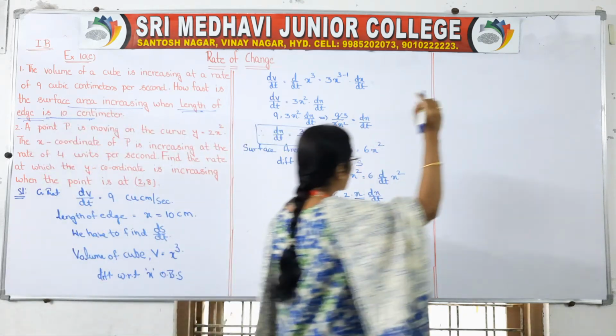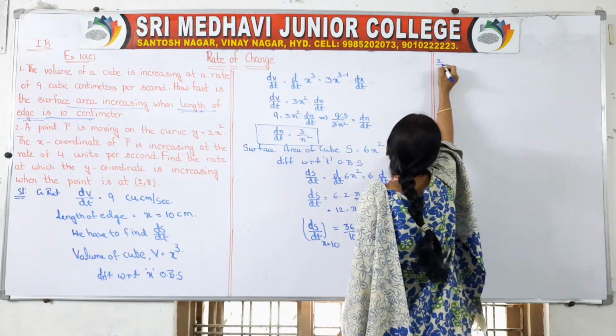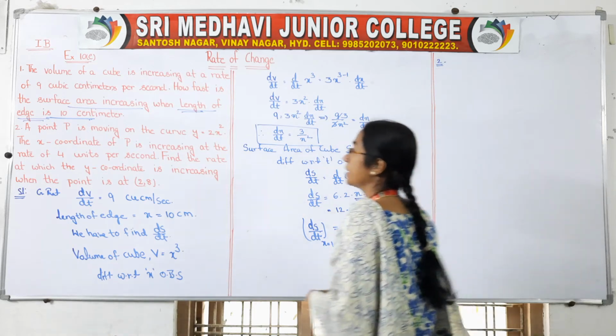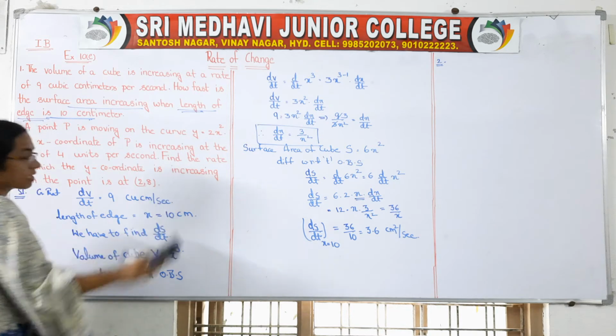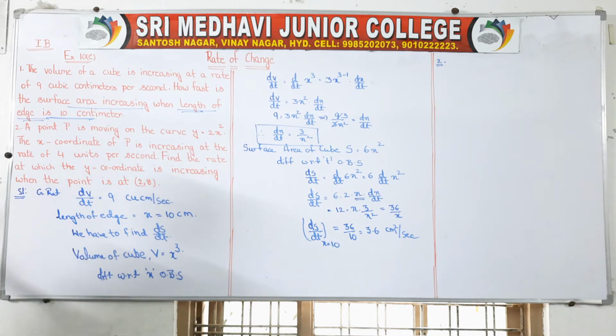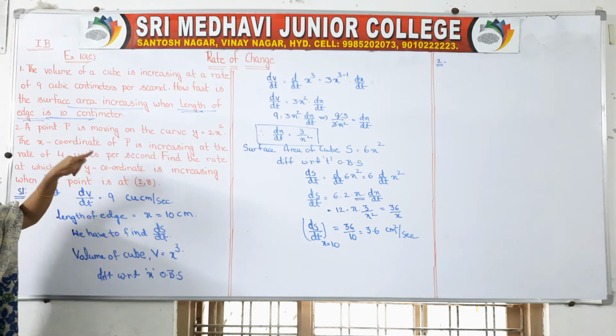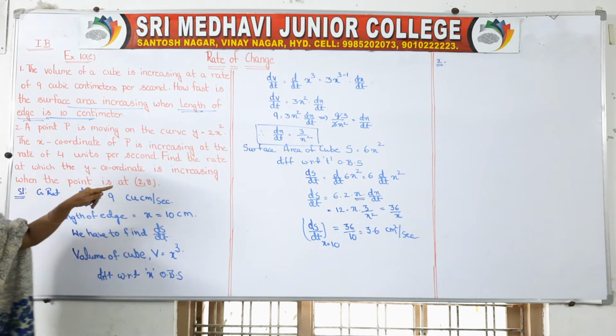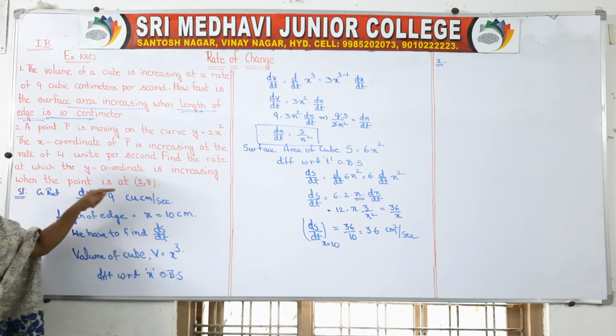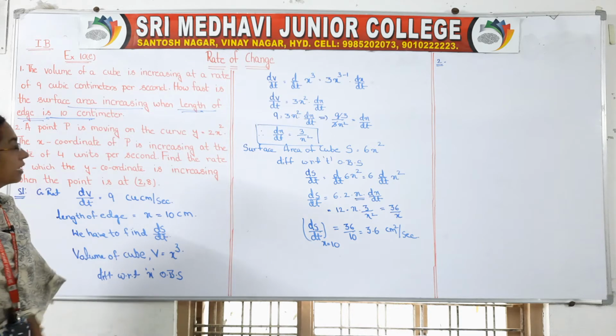Okay, so now come to the second question. What is your second question? A point P is moving on the curve y is equal to 2x square. The x coordinate of P is increasing at the rate of 4 units per second. Find the rate at which the y coordinate is increasing when the point is at (2, 8).